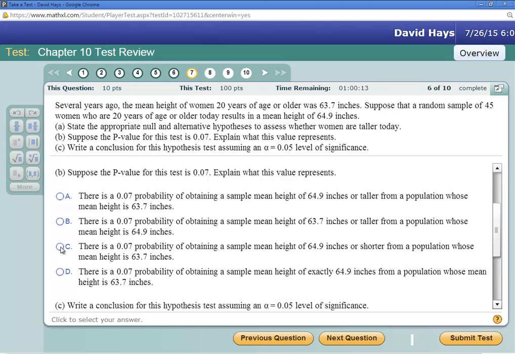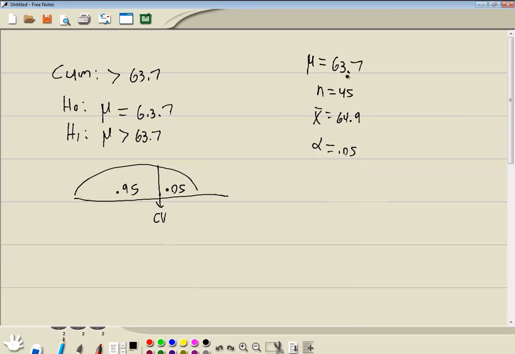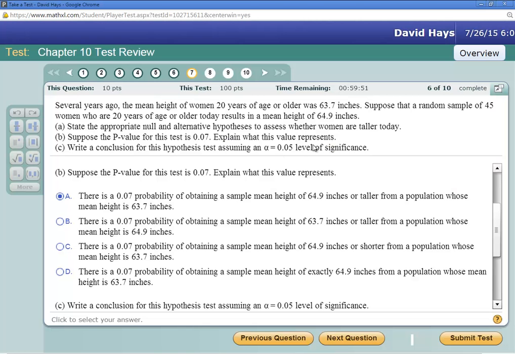So we don't want shorter. C's out. Exactly, this is equal to, so that's out. So it's either going to be A or B. Let's read a little closer now. From population whose mean height is 63.7. So we're saying the population is 63.7, so it'd be that one.